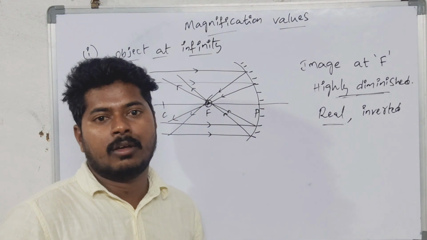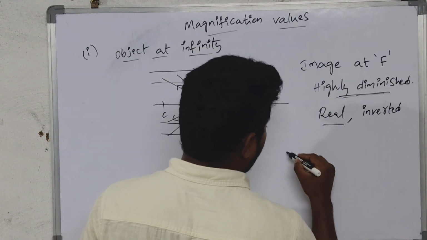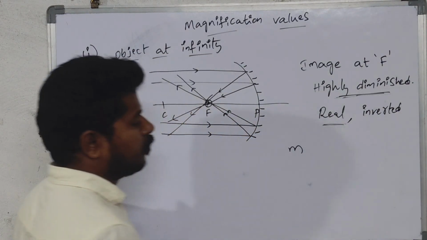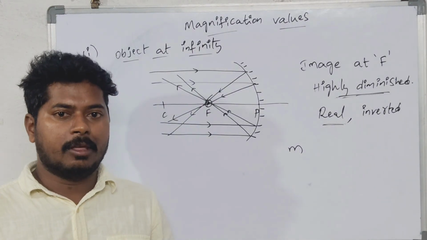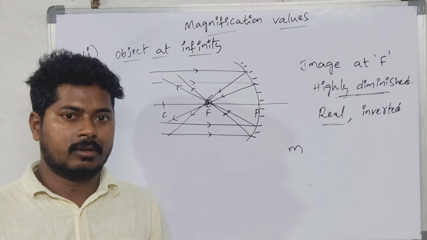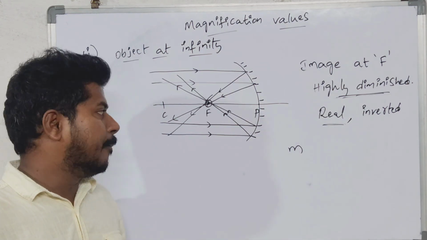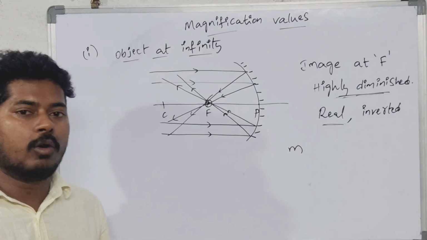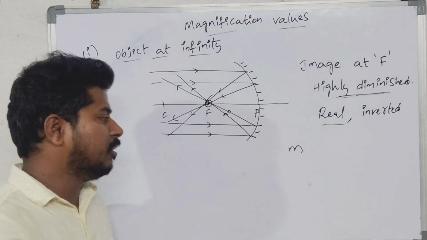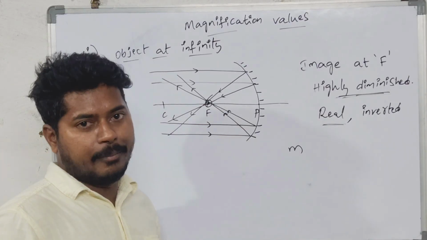These two things lead to the magnification value. Magnification is nothing but how the image size is changing compared to the object size. It is denoted by M.